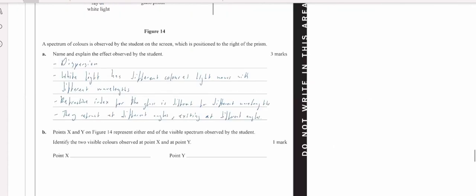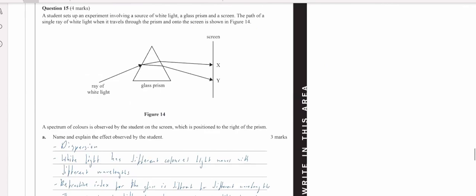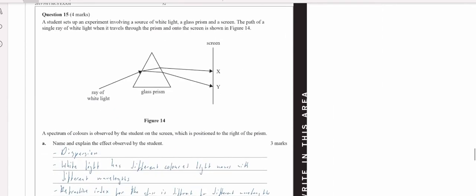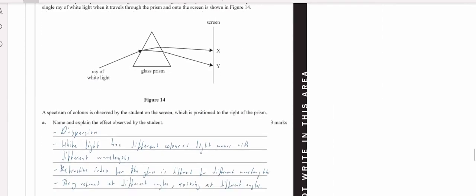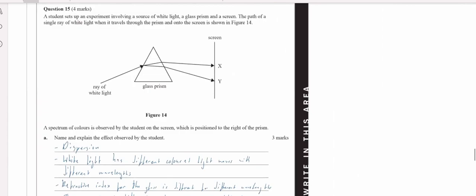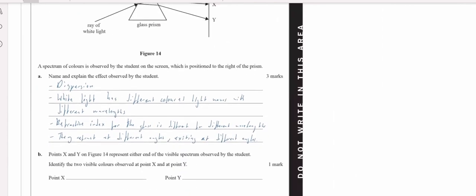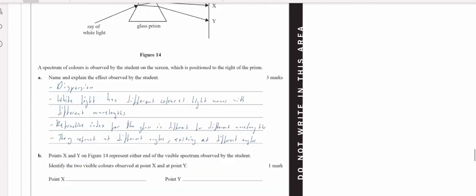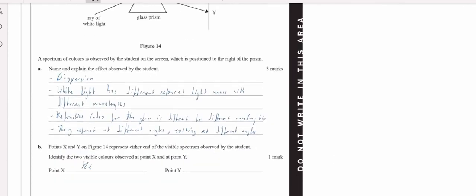Point X and Y. So X refracts less and Y refracts more. So X would be closer to red, and Y will be closer to violet.